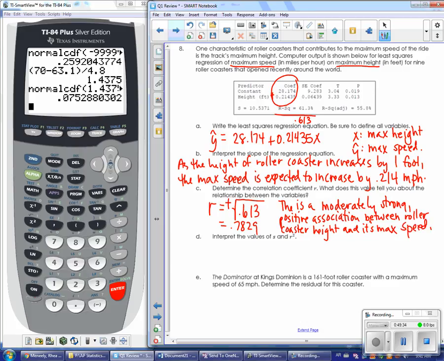Okay. And then it says to interpret the values of s and r squared. So let's go ahead and do r squared first. So we know that r squared is equal to 61.3%.